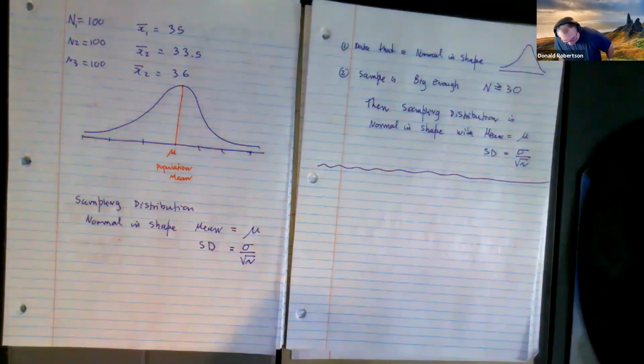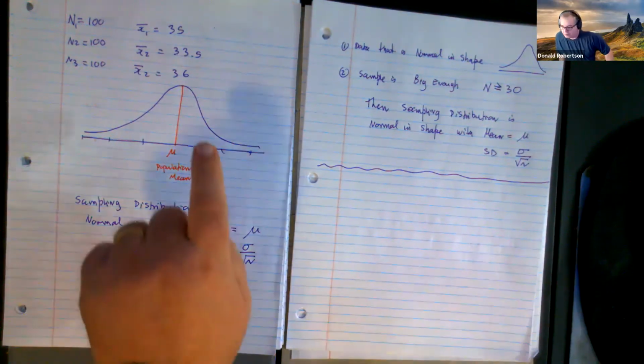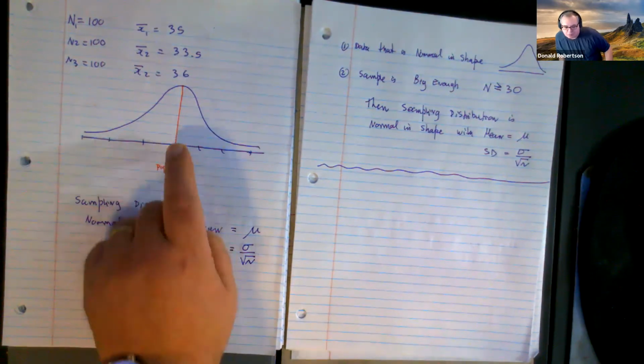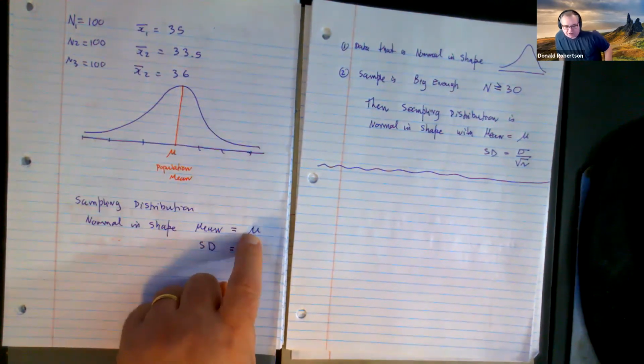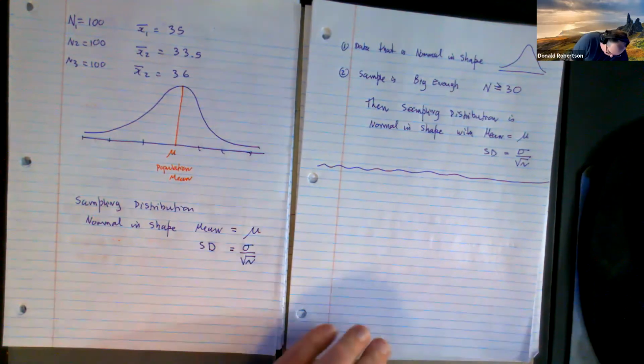So if you have data that is normal in shape and the sample is big enough, meaning 30 or more, then the sampling distribution, right, will have this shape. It'll be normal as well, and its mean will be the same as the population mean, and its standard deviation will be this guy.